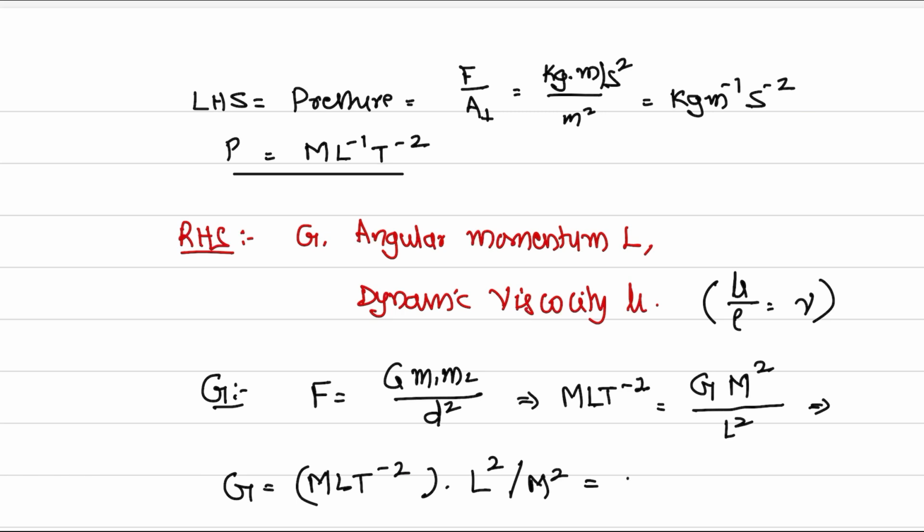That is equal to M to the power of minus 1, L cube, T to the power of minus 2. These are the dimensions of universal gravitational constant.